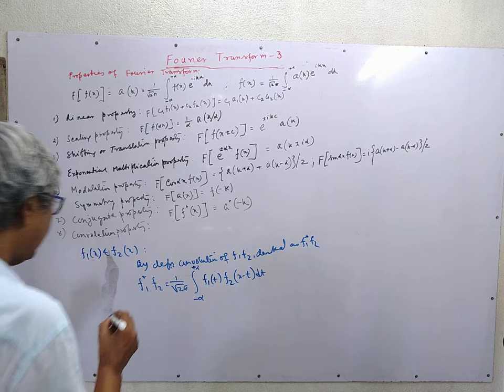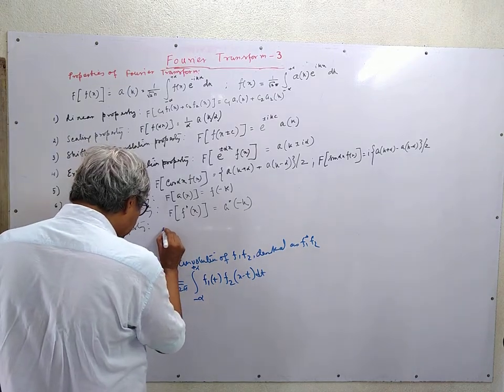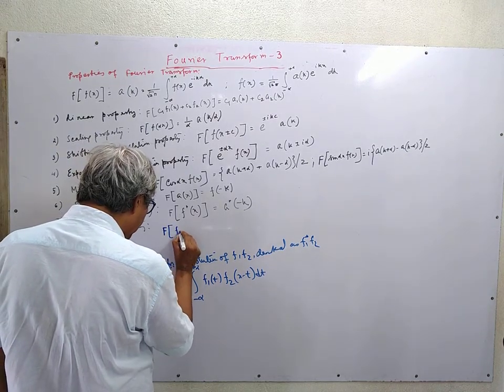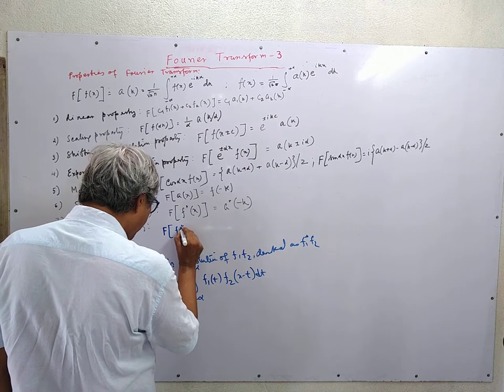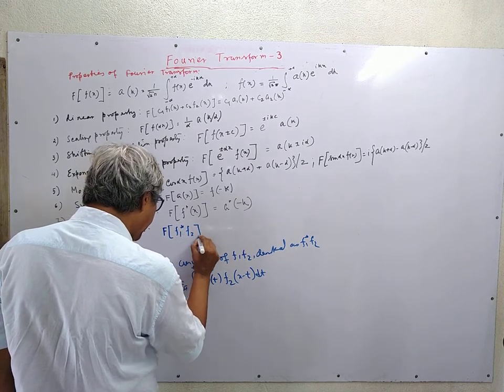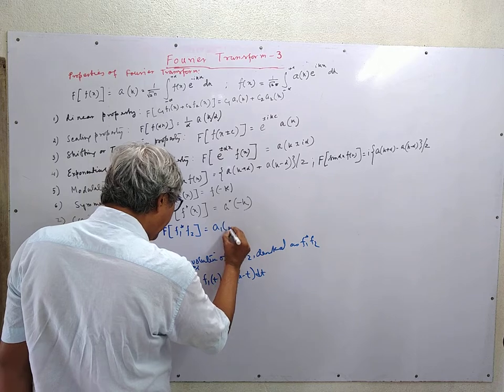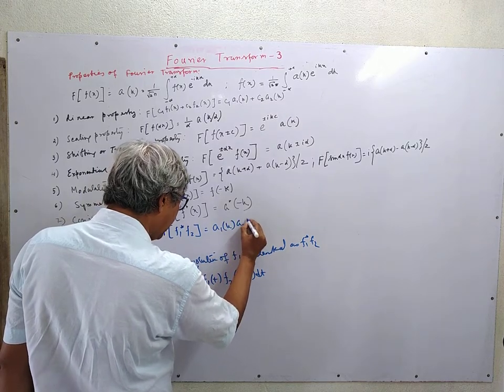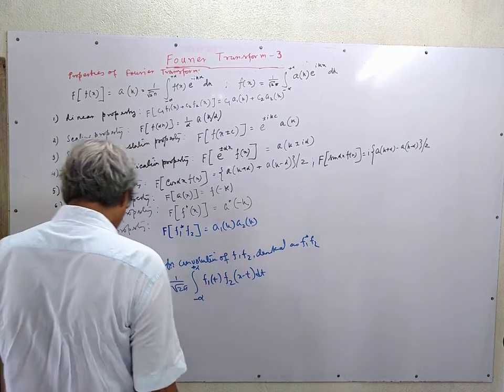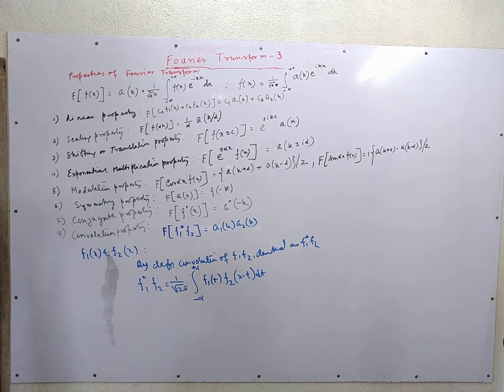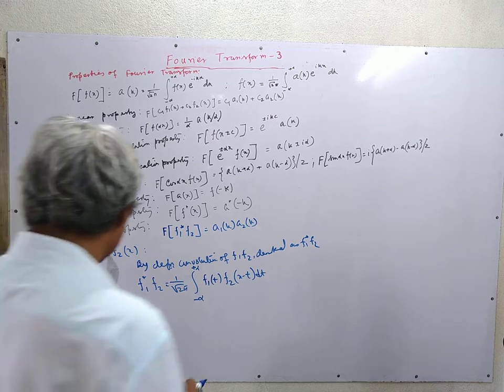The statement is that the Fourier transform of the convolution of two functions f1 and f2 is simply A1 of k times A2 of k. This is the theorem.